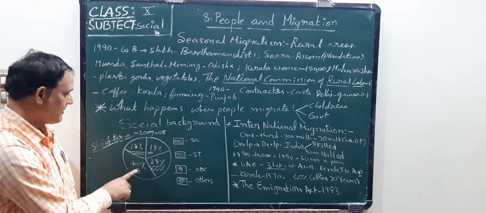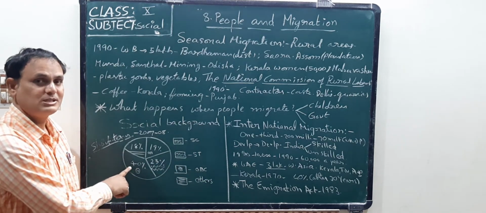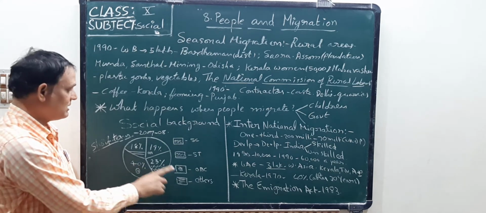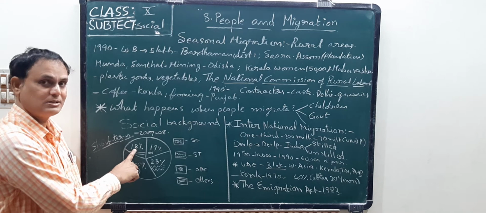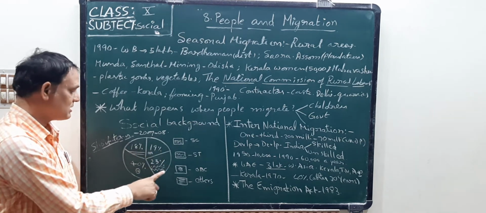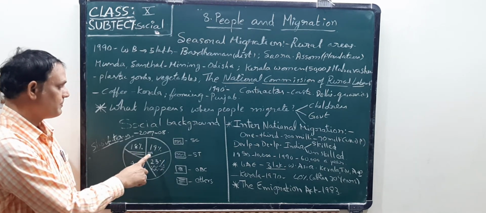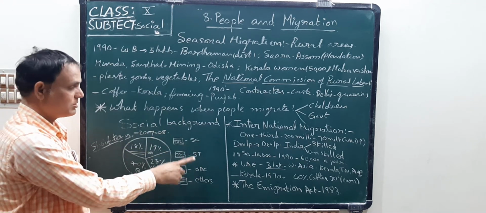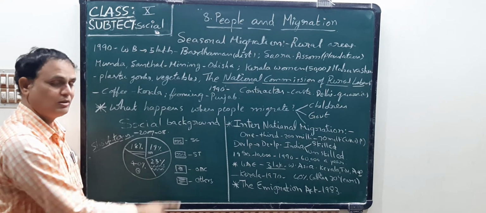Next OBC, 40% of the other backward caste people are migrating. Next one, others, 18% are also migrating. So this is the information about social background, that means community background: SC, ST, OBC and others.